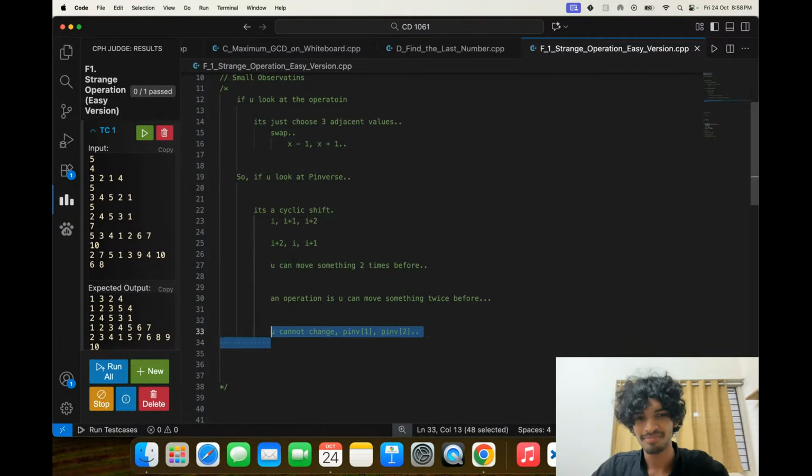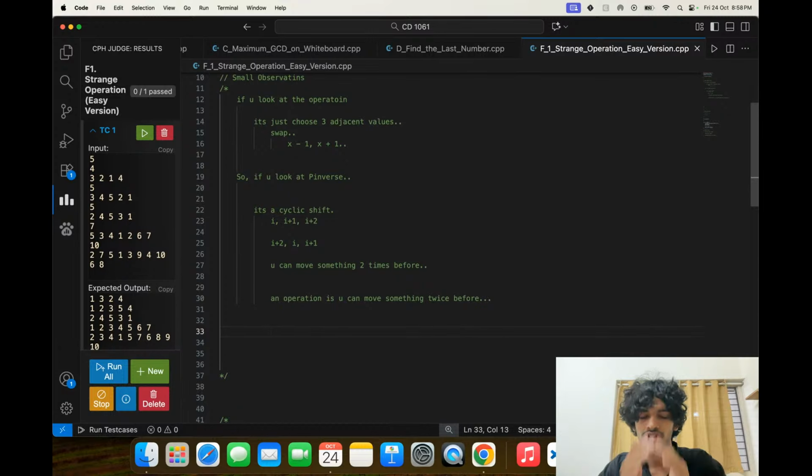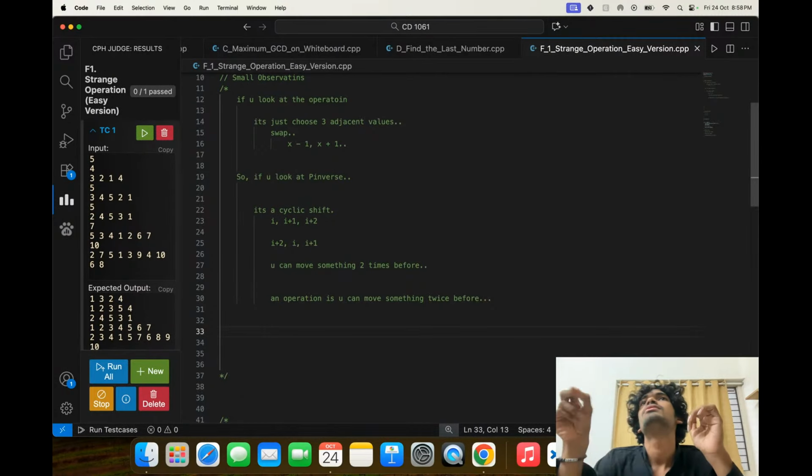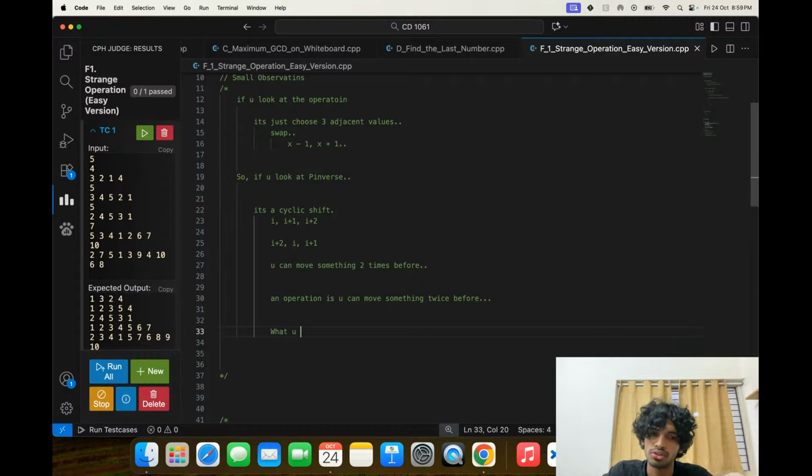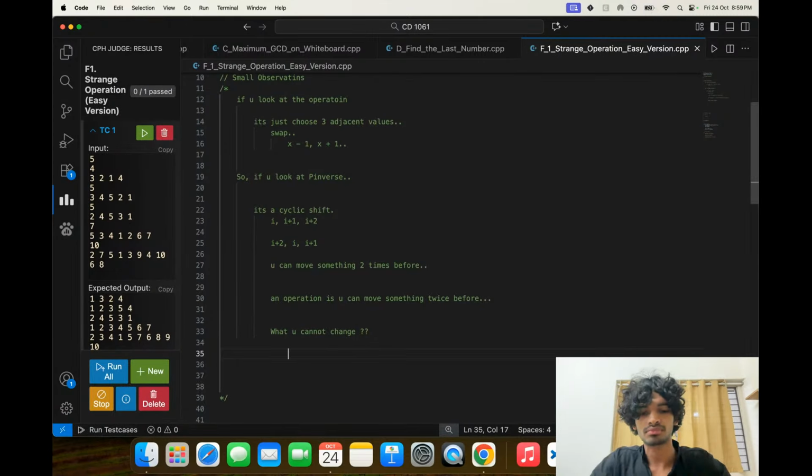You cannot apply the operation on them. There is something here that you cannot change. What you cannot change? Okay, let's think about the problem.